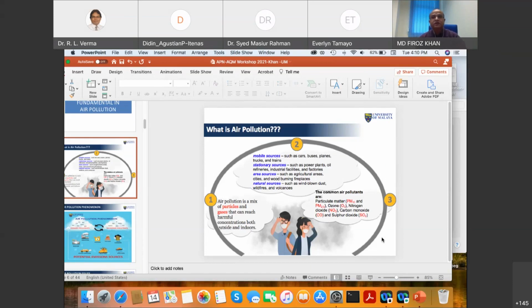The reason is obvious, because air pollution is nothing but a mixture of particles and gaseous composition that we always breathe in through the air. Currently, we are under a very different condition. We are under lockdown, we are staying at home, and everybody is trying to have a safer life.